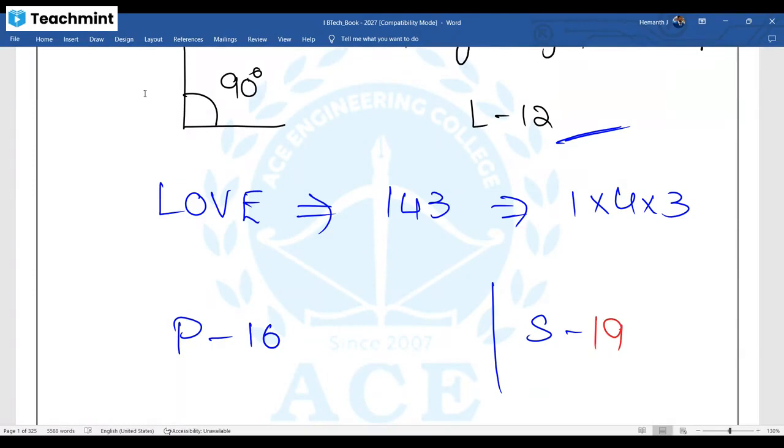And the fact is, during that film, Sridevi's age was 19. That's why S value 19. And she acted in the film called 16, P value 16. Some story, and that's the truth as well. So Sridevi, at the age of 19, acted in the film called 16. You can remember P16.